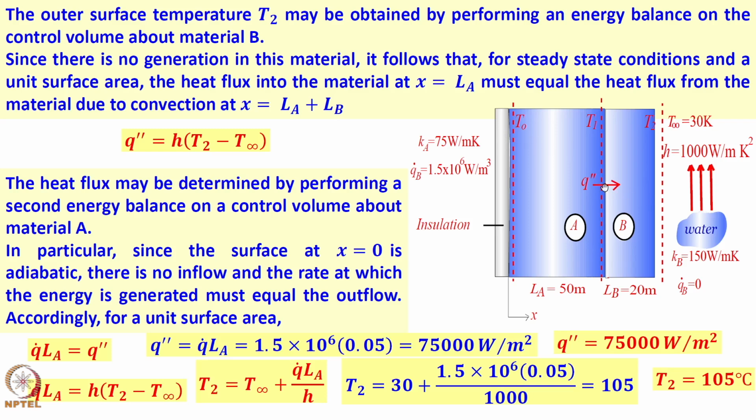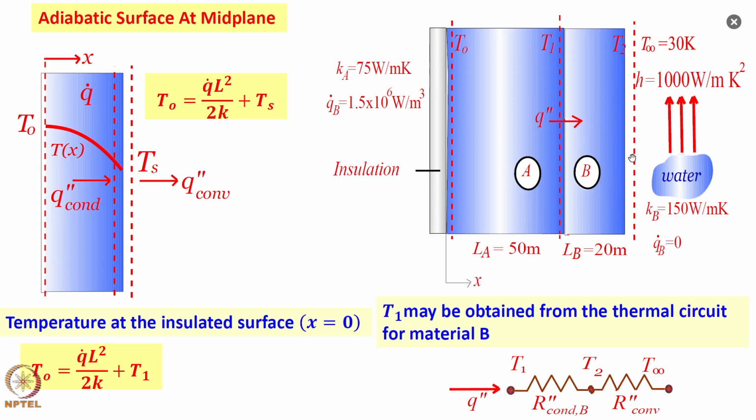But in material B, it is just conduction. So, Q is equal to minus K into area into T at this location minus T surface divided by L, pure conduction problem. So, from that if I put, I would get this interface temperature, and from this I can do this substitution here.